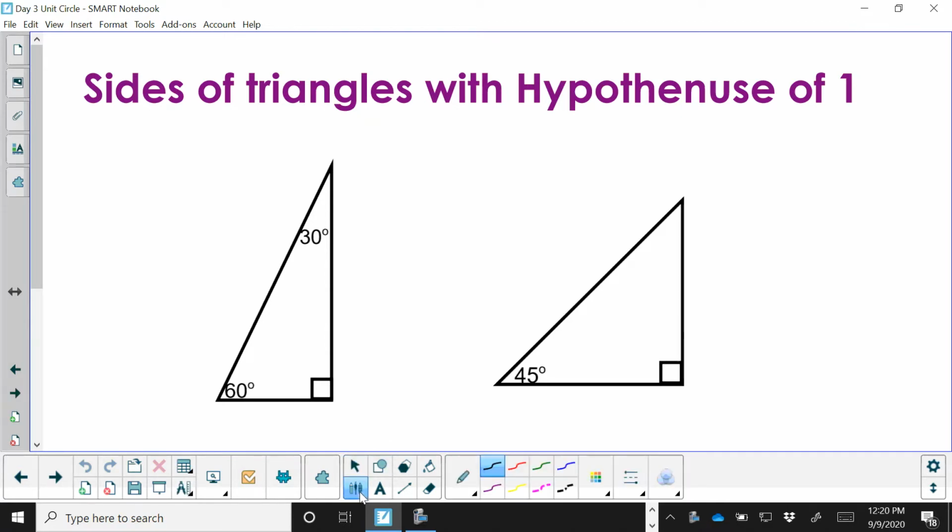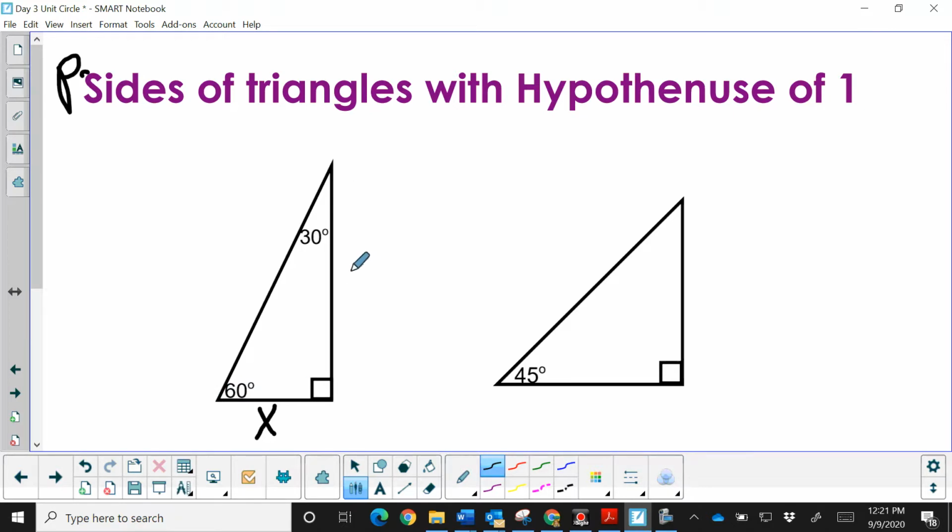So I'm going to write up the rules for these, and you can add this to your page in your interactive notebook. But let's just start with the rules. So when you have a 30, 60, 90, you have three sides. We're going to call the short side x.